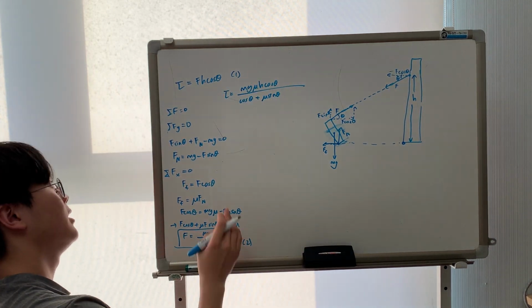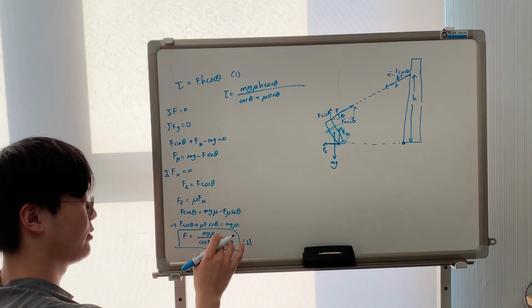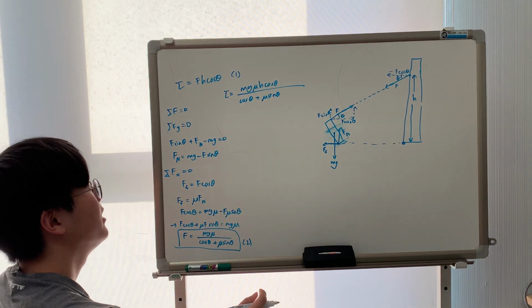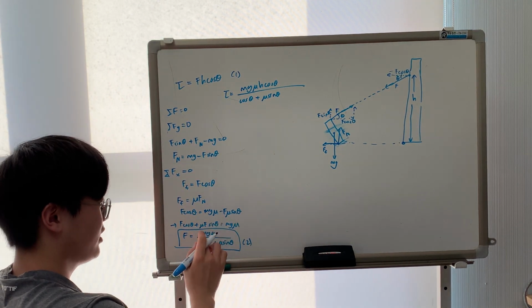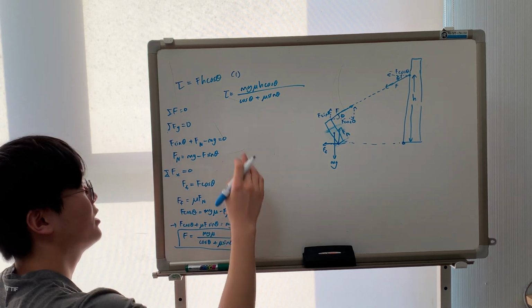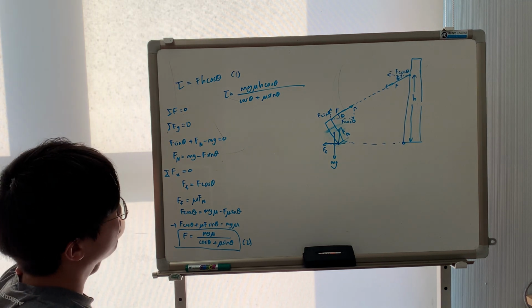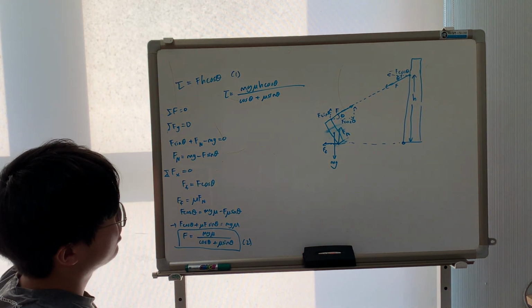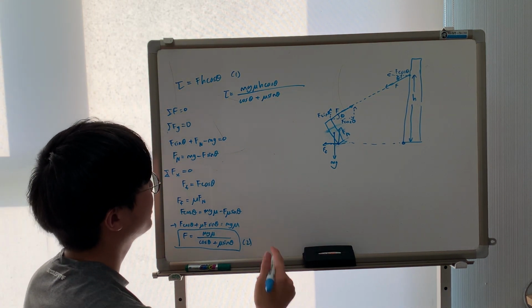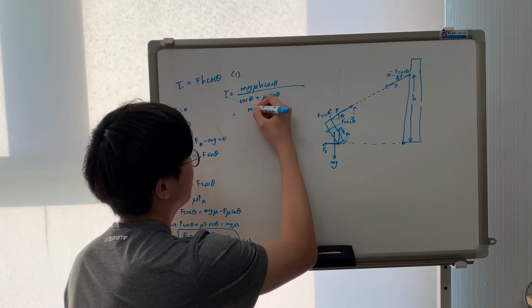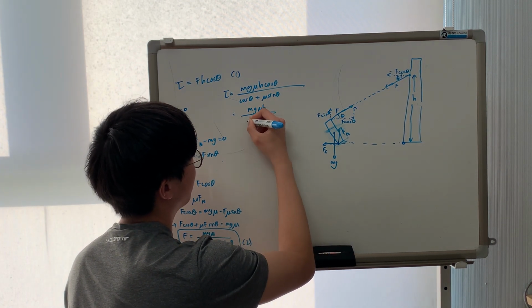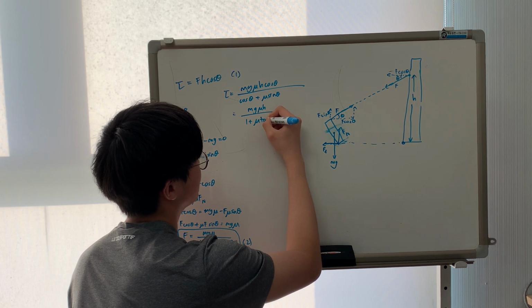We're just adding h cosine theta to the numerator because we're multiplying F times h cosine theta. Now to simplify this, maybe I could divide both sides by cosine, giving us mg mu h over 1 plus mu tangent theta.